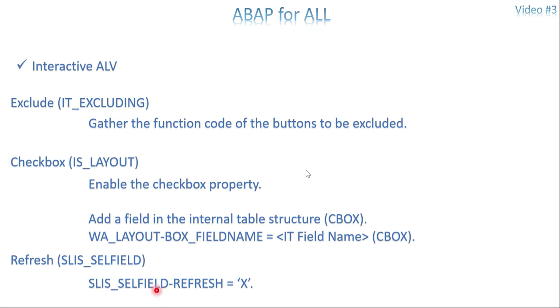So for that, there is a field called REFRESH. Normally we use this inside the user command subroutine, because any event that happens definitely calls the user command subroutine. So after all your manipulations, make sure this field has the value X. If it is X, it is automatically refreshed in your ALV screen.